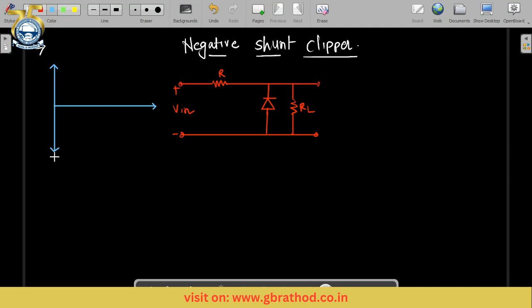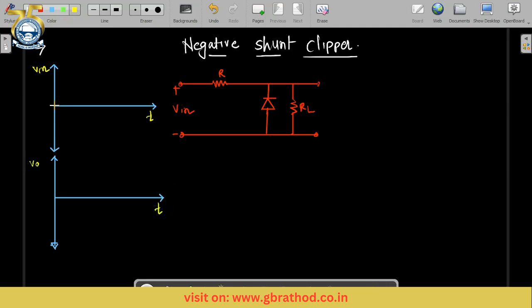Along with that I am also drawing the output waveform. This is for V output. I'm writing the notations: this is V input, this is time, this is V output, and this is also time.